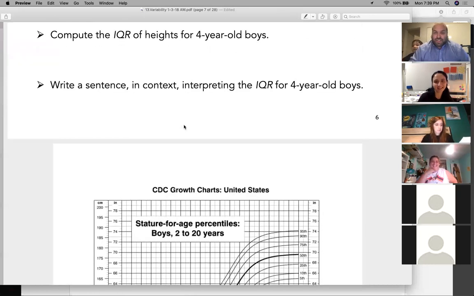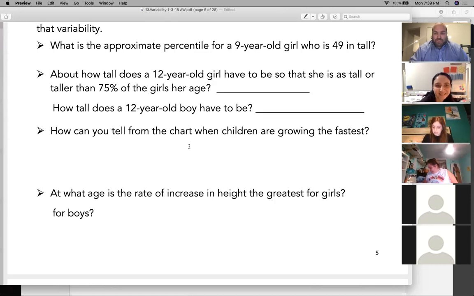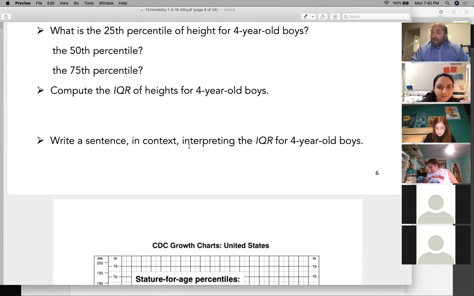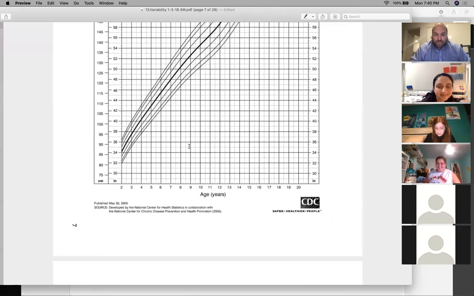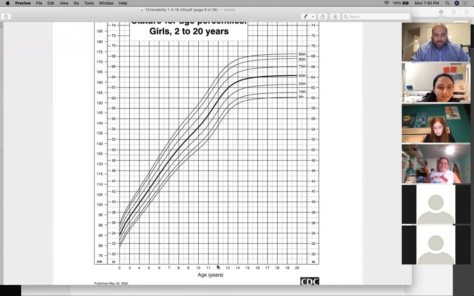Okay, so the next question is, about how tall does a 12-year-old girl have to be so that she's as tall or taller than 75% of the girls her age? So 12-year-old girl, 75th. That's right here.